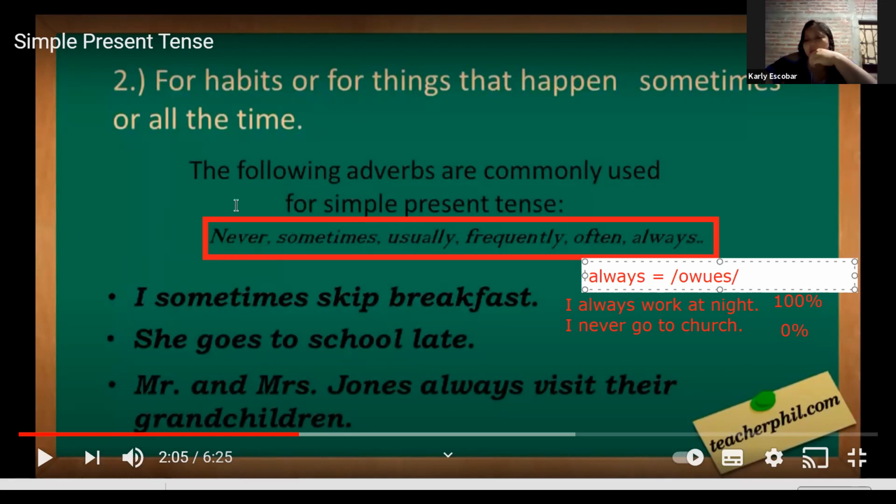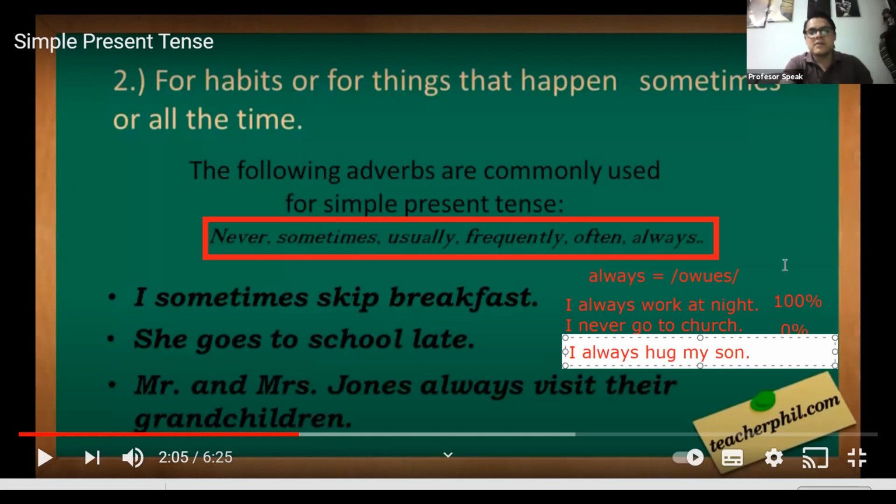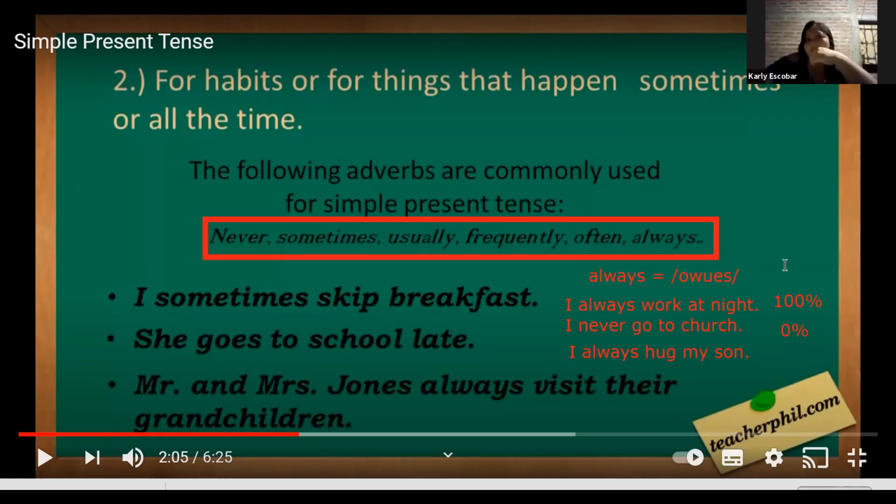I always hug my son. Okay, and never? I never play football. Okay, all right.